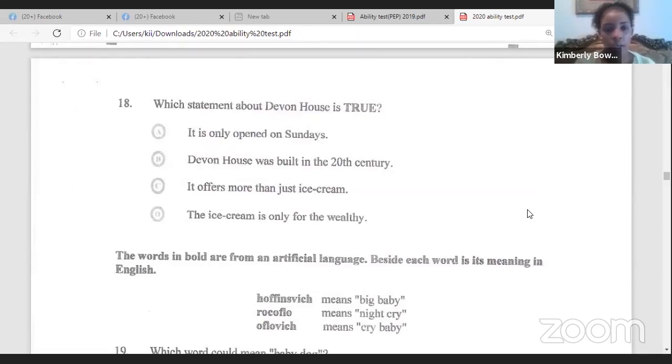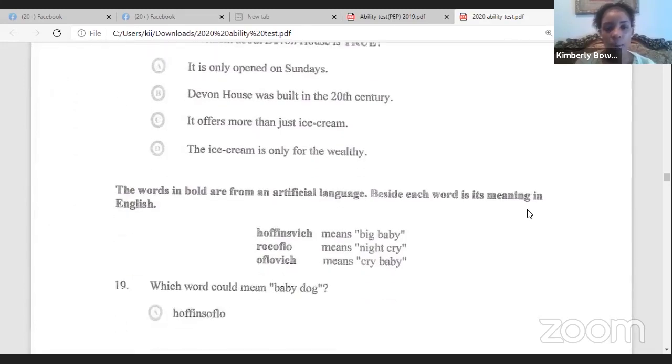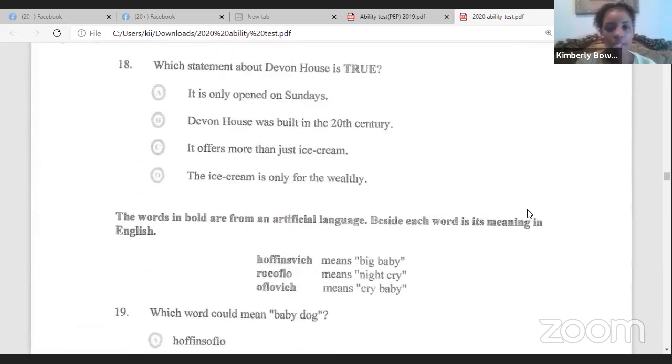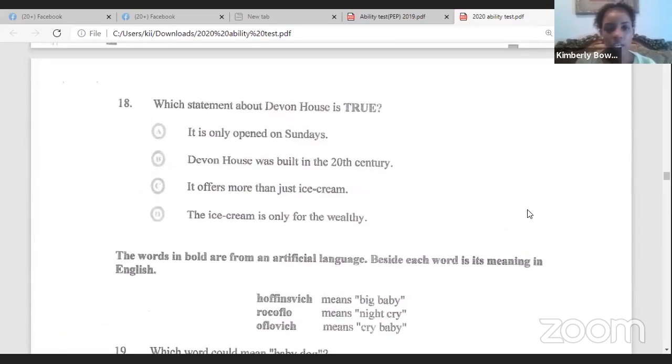So the question says, which statement about Devon House is true? And you're given 4 statements, and you are to choose the one that says what is true about Devon House. So that's another type of question that could come on the passage. You're given a question to say which statement is true about whatever is in the passage, and you should be able to determine that by reading the passage.